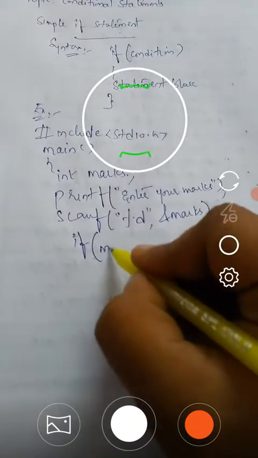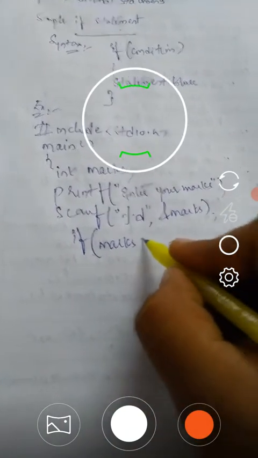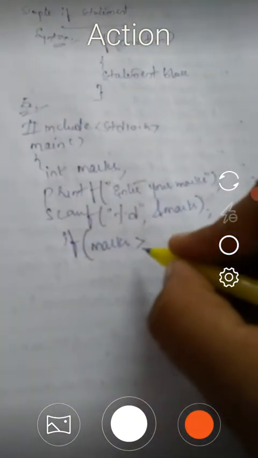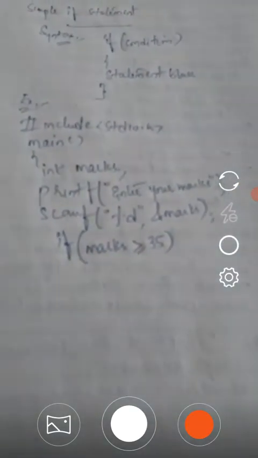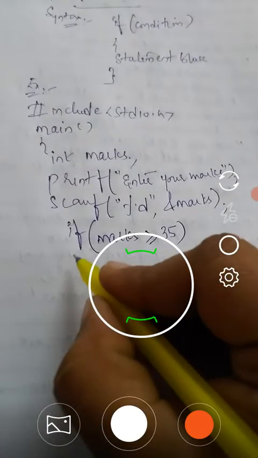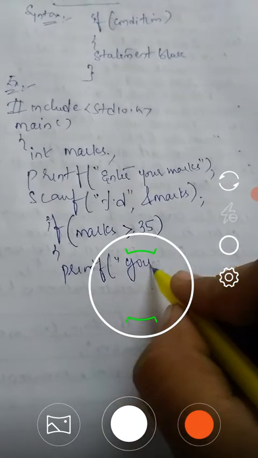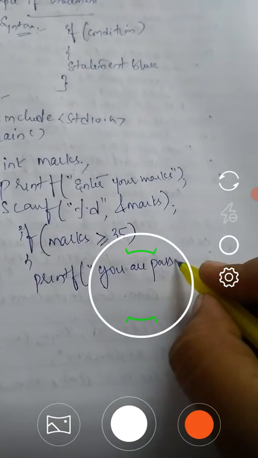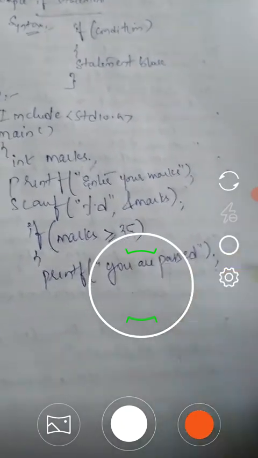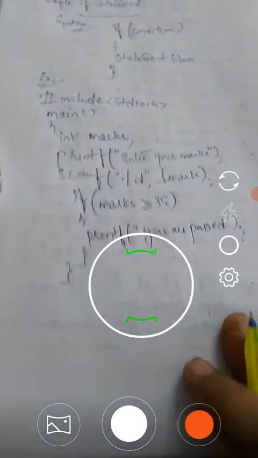Whatever the value we are giving to marks is greater than or equal to 35, what should I display here? You are passed. So this is the simple if statement.